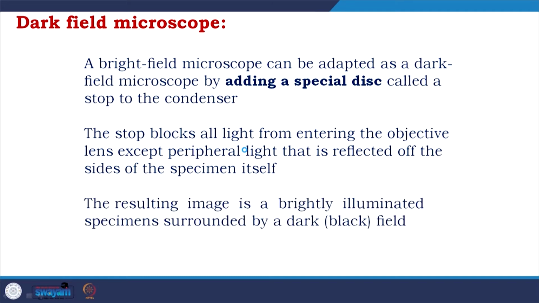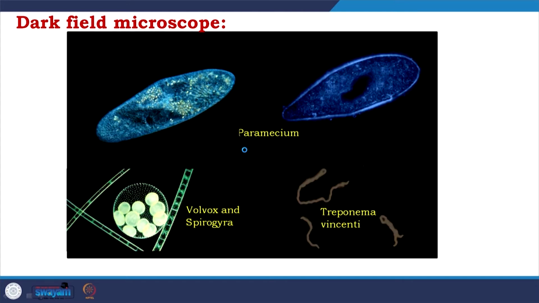The resulting image is a brightly illuminated specimen surrounded by a dark field. So, these are the images created from a dark field microscope. You see the background is dark and we see here paramecium, Volvox, Spirogyra, Treponema vincentii. All of them are bright and the background is dark, that is called dark field microscope.